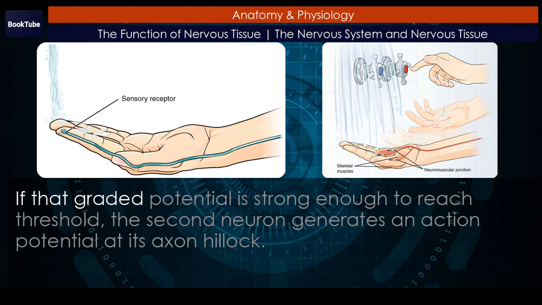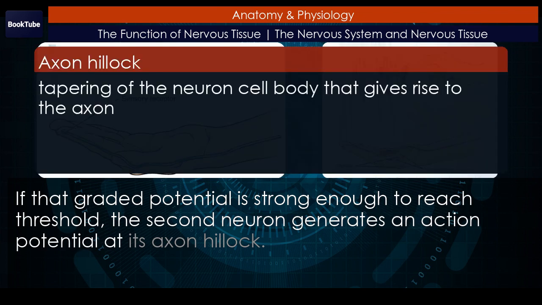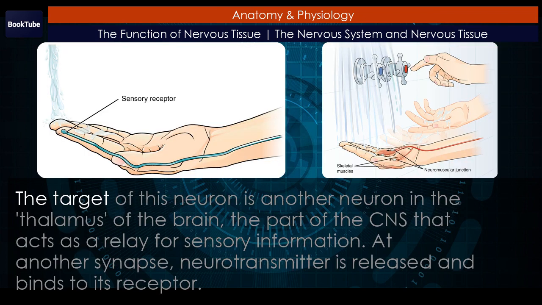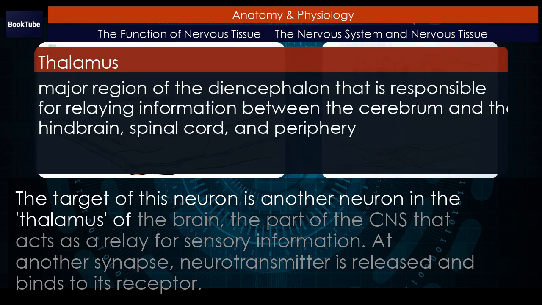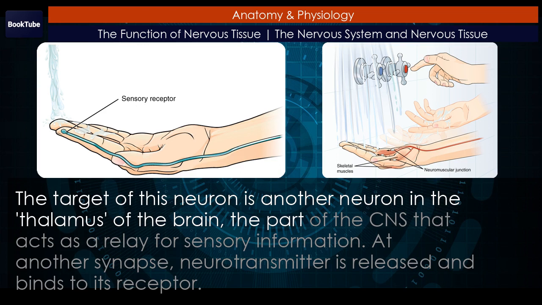If that graded potential is strong enough to reach threshold, the second neuron generates an action potential at its axon hillock. The target of this neuron is another neuron in the thalamus of the brain, the part of the CNS that acts as a relay for sensory information.